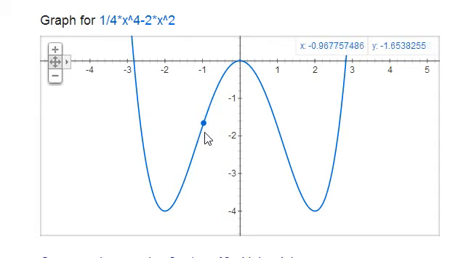Okay, and we found that inflection point, and that was at negative 2 over the square root of 3 and negative 20 over 9, which was the y value. So that's somewhere about right in here. Somewhere in this area right here is going to be the inflection points, I mean.